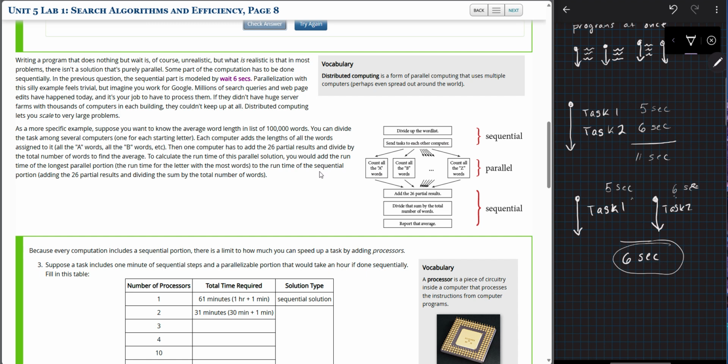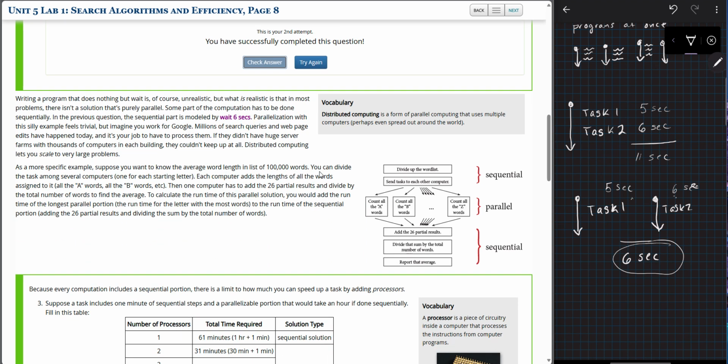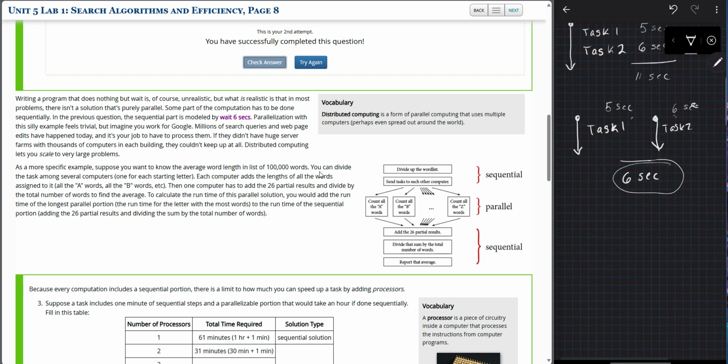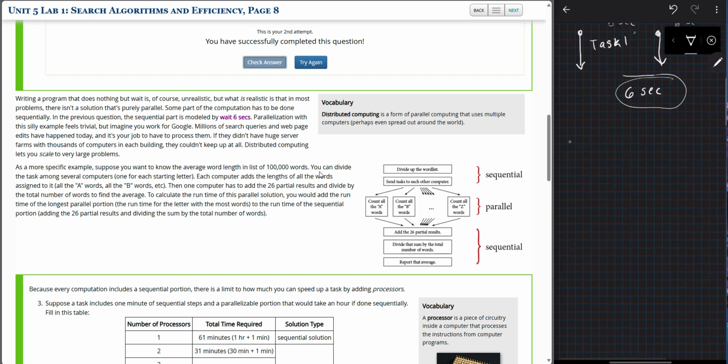Something else that you need to know. Okay, so we talked about parallel, which runs multiple programs at once. That's in your computer. So now we're talking about distributed computing, which you're supposed to know about.